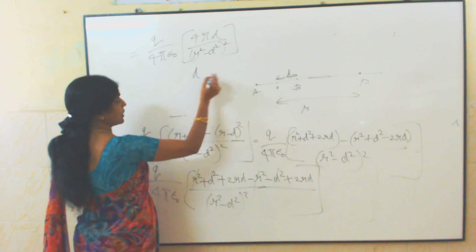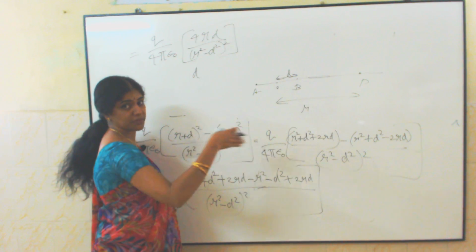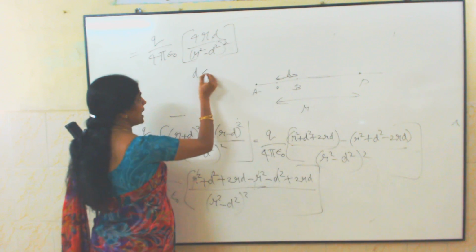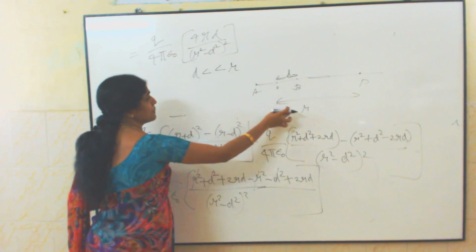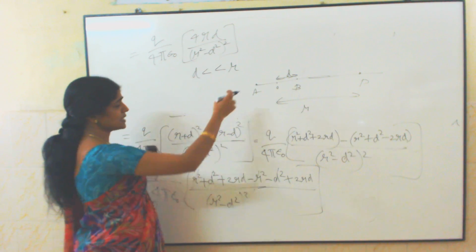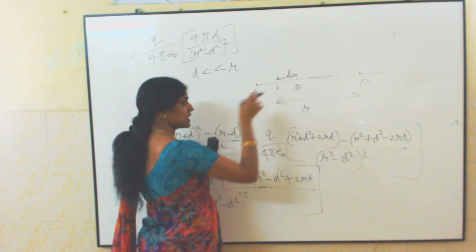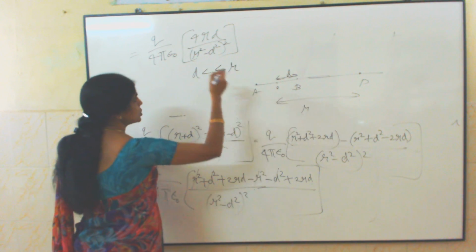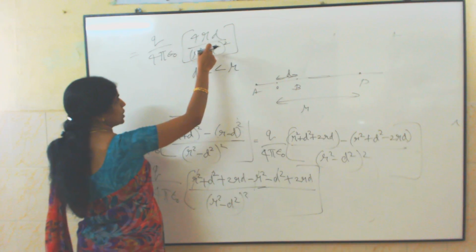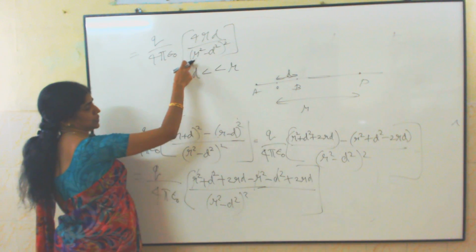So when the point P is very far away from the dipole, I can say D is very less when compared to this R. Because the 2D itself is very less, half of it will become very less when compared to the distance R. So I can neglect this D square when compared to this R square.